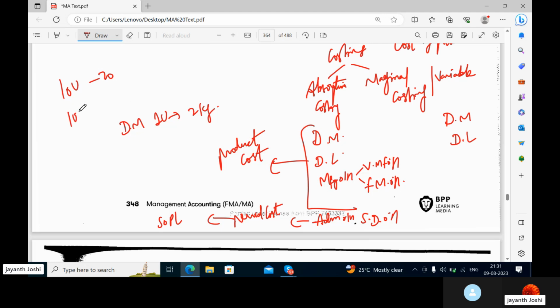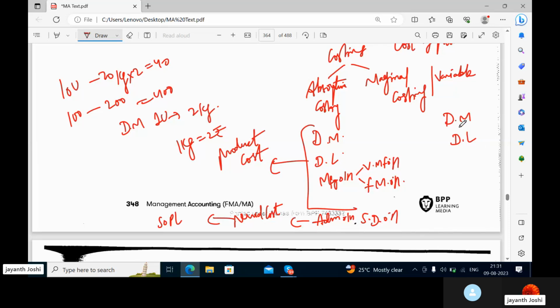If I'm making 100 units of product, I want 200 kgs of direct material, right? And 1 kg costs 2 rupees. That means 20 kgs will be 40 rupees, and 200 kgs will be 400 rupees. So it is variable nature, but it is available per unit wise.